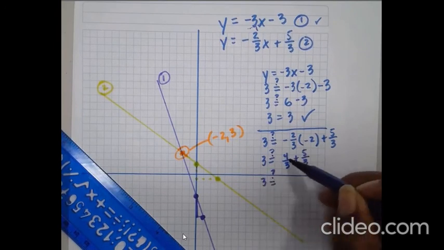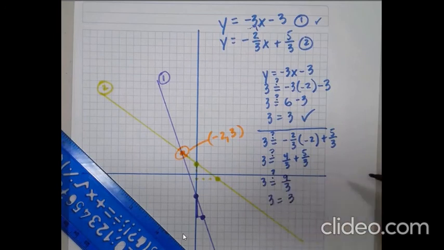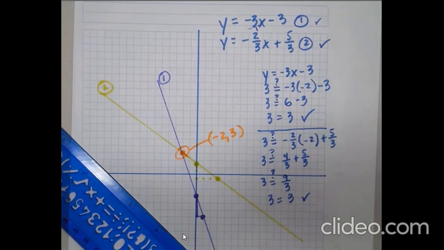Does this equal 3? Well, 4 and 5 is 9 over 3, and I believe 9 over 3 is 3. So yes, this one is also met. So that negative 2, 3 is the solution to that system of equations, which we've identified by way of graphing. Okay?